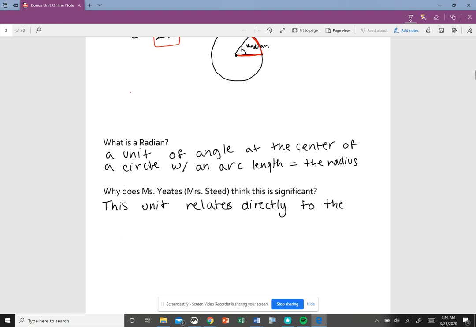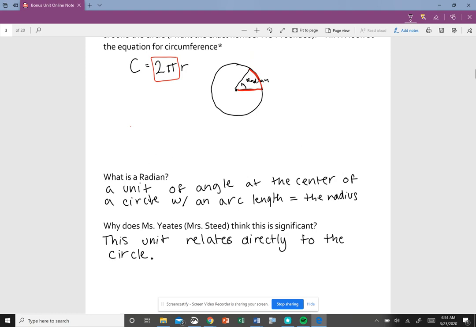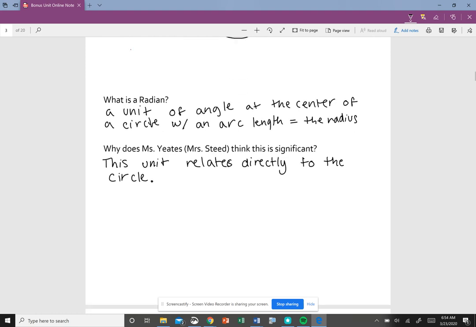And that's why they chose 360. But it was a man-made choosing rather than a radian, which is directly related to the circle itself. Which means it makes sense to me logically why we chose pi, or 2 pi, as the amount of radians that goes around a circle, because there are 2 pi radiuses that fit around the circle.